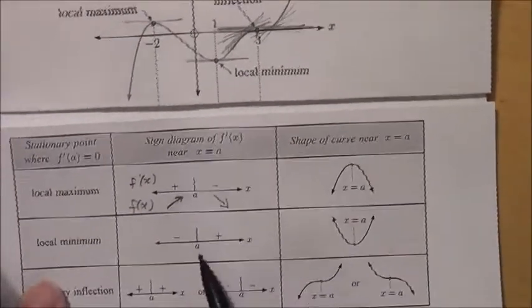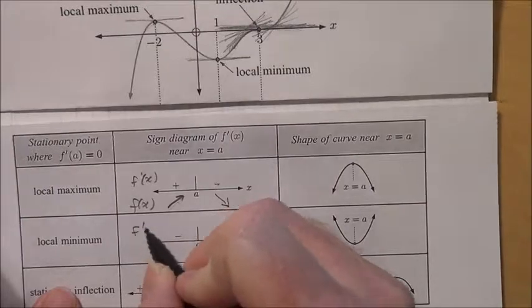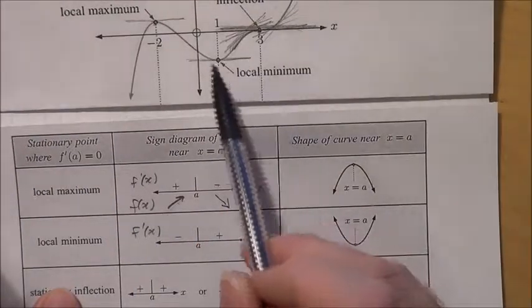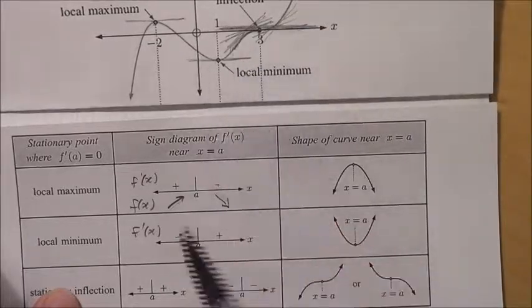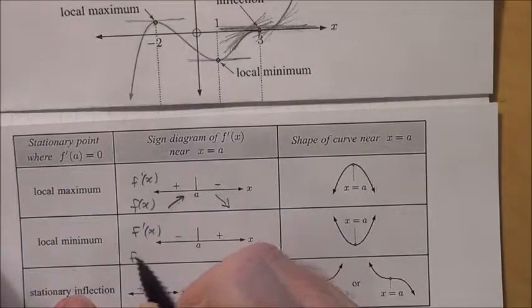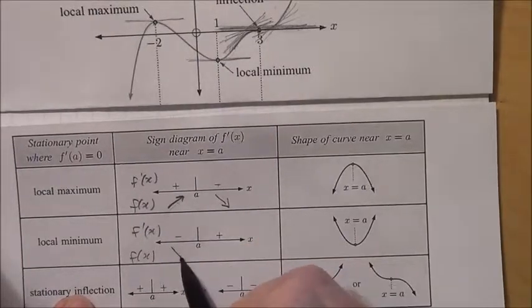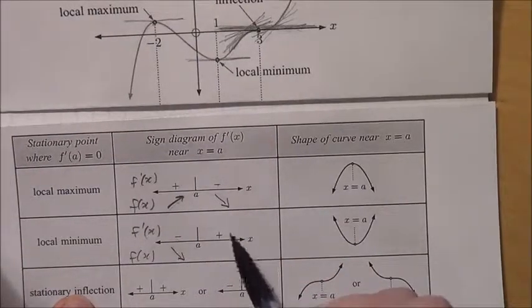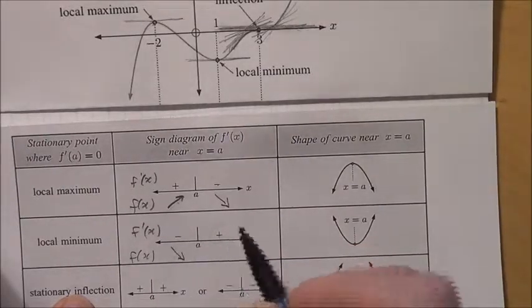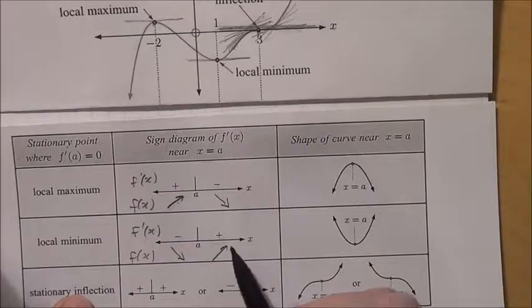If we were to go around a local minimum, again, the same sort of idea. In this case, we're looking at this local minimum right here in this graph, where the derivative function is negative, the graph of the function is decreasing, and where the derivative function, the gradient function, is positive, that's where the graph is increasing.